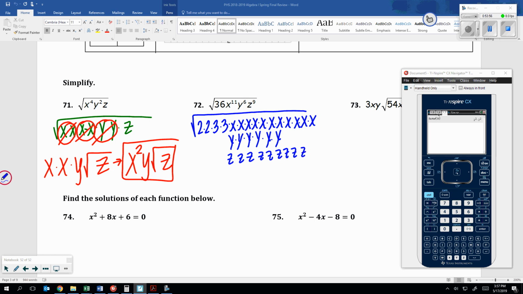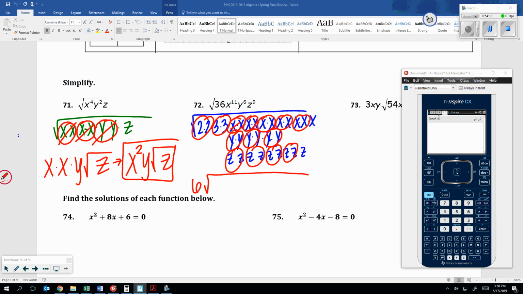Okay. Again, I'm looking for pairs. So I have a pair of 2, I have a pair of 3, and so on. So I pull out what I have. I have a 2 and a 3 that are coming out, which makes 6.